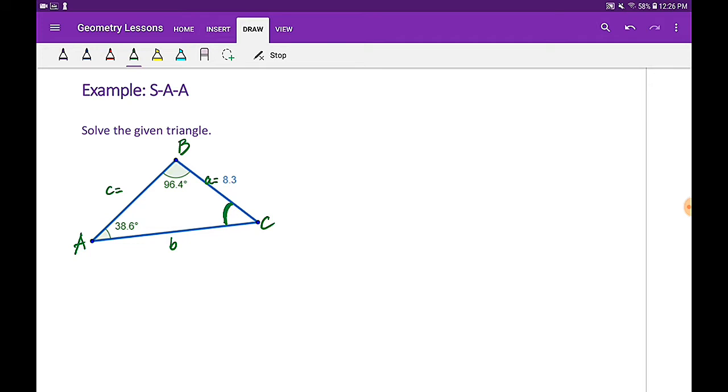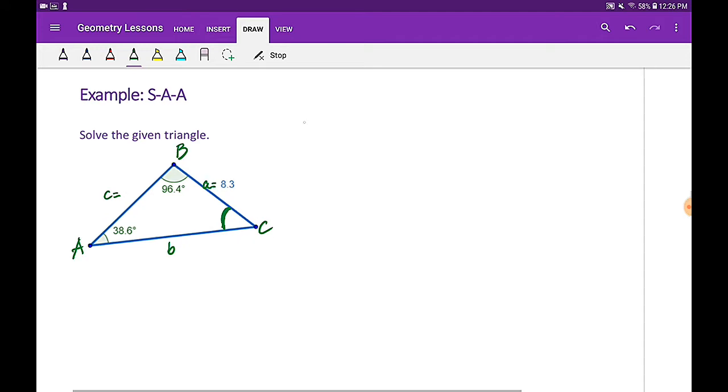Now, the easiest way to start solving this problem is to complete the measures of the angles. So let's find the third angle, the measure of angle C. First step: solve for the measure of angle C. Let's apply the angle sum property in the triangle.